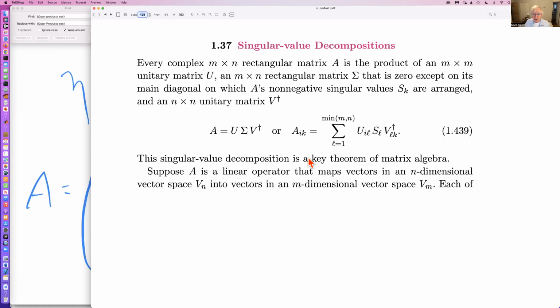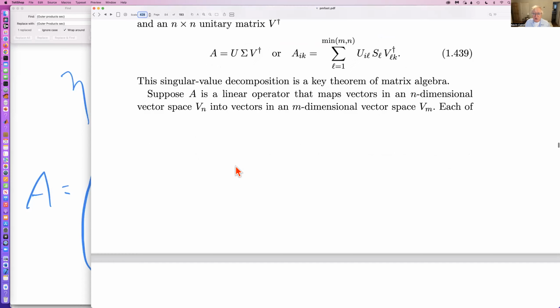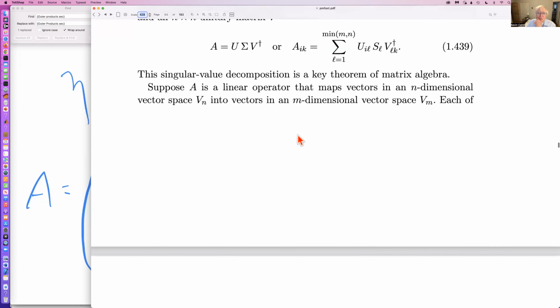I'm going to go through this in a little more detail. So suppose A is a linear operator that maps vectors in an n-dimensional vector space into vectors in an m-dimensional vector space.